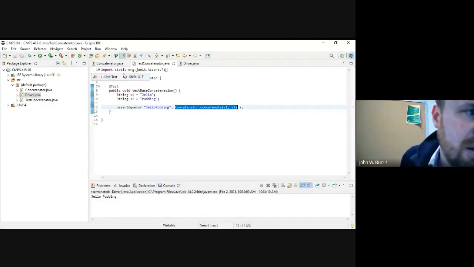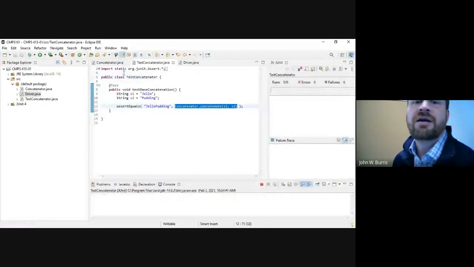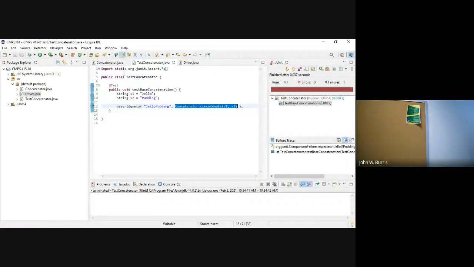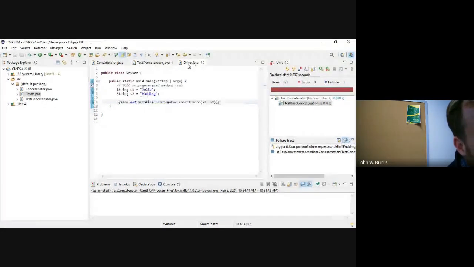And now it'll open up that perspective and say, wait, we had a failure that we didn't expect. There's a subtle difference here, right? Depending on how we run it, we either run it as a JUnit test suite, and we get whether or not it passes or fails some test cases, or we can run it as a Java application, and it'll run the application. Do you see how that could be better? The opposite is for something like this. Inside of our driver, we would have something like this.